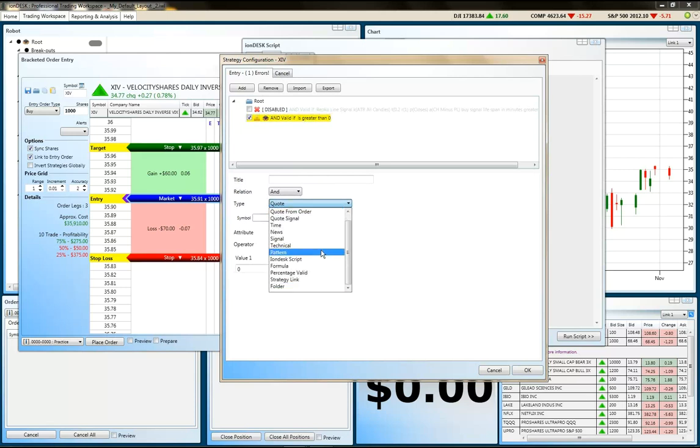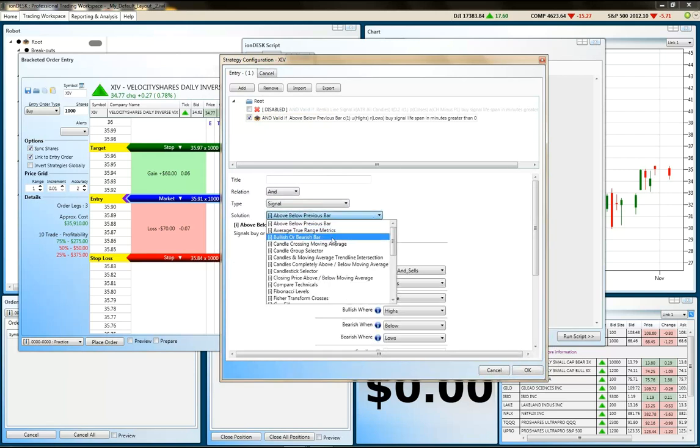These strategies are just sets of code in a directory, and I've given them different names. IonDesk looks over every millisecond and says, okay, Malcolm, is it time to go? Malcolm says yes. We send the order to your broker, and then everybody's happy, hopefully.